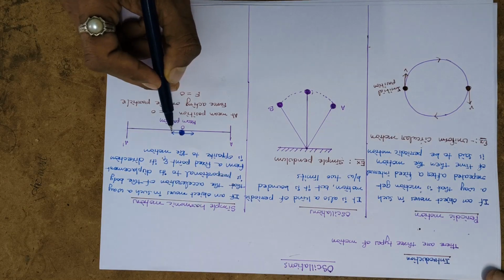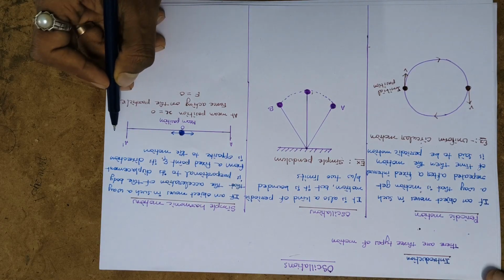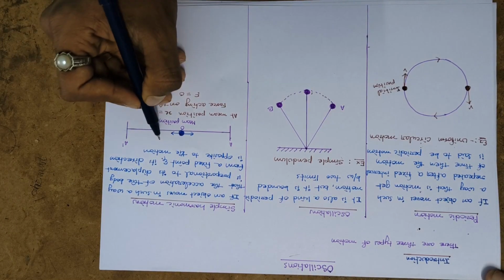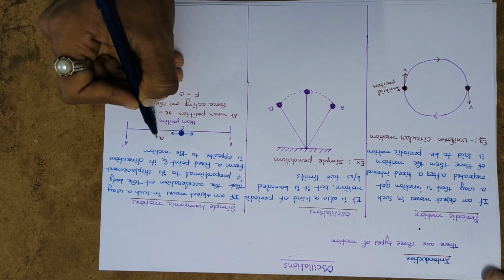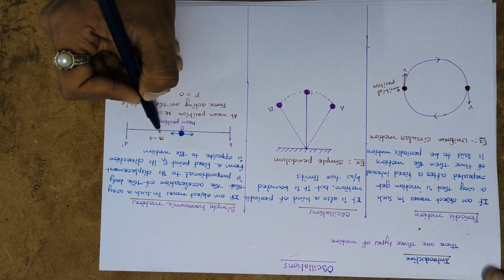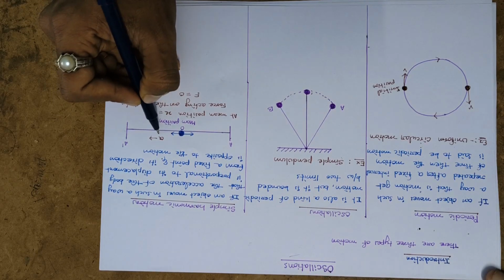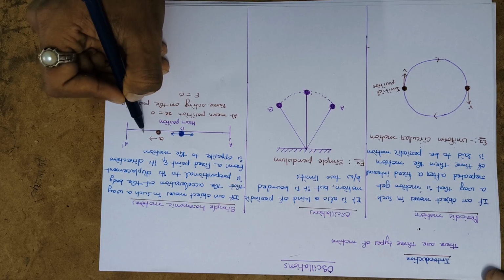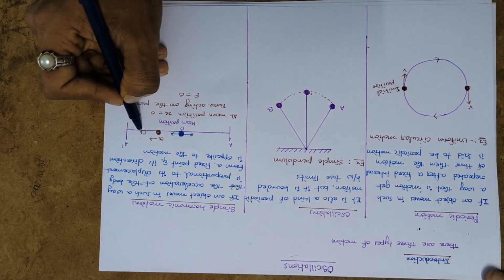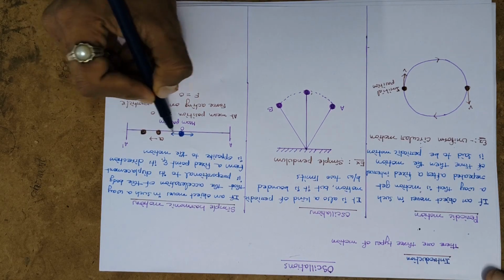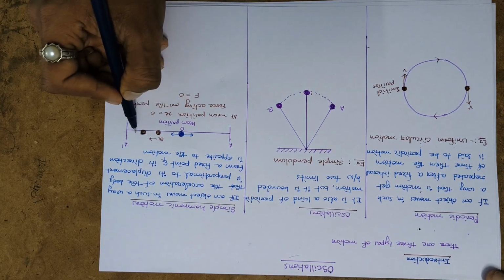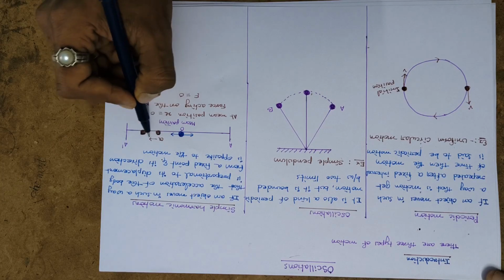Whenever the object is moving along the forward direction, definitely acceleration is developed in this direction. Now after 1 second, suppose this is the position of the particle. Again for the next second, this is the position of the particle. See, as the time interval increases, the object moves in the forward direction with some acceleration a.